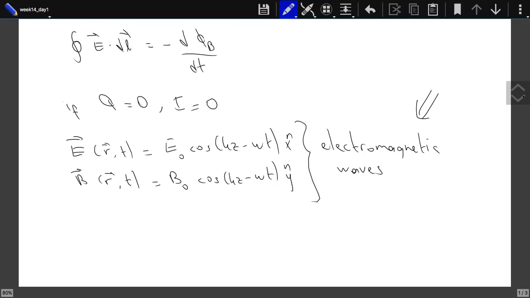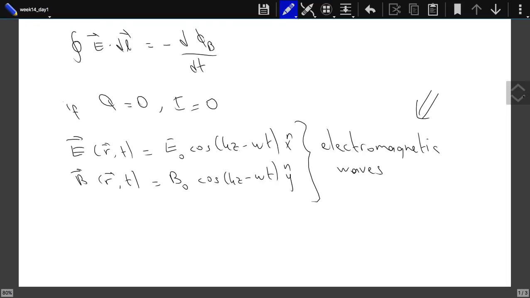Then we will say that we have these electromagnetic waves which can travel at various velocities. Or maybe omega and k should be related in a particular form. Then we will say, okay, it has this velocity. It will be just at the end of our analysis, if we can show that such waves are possible.